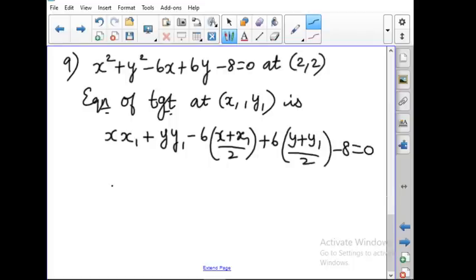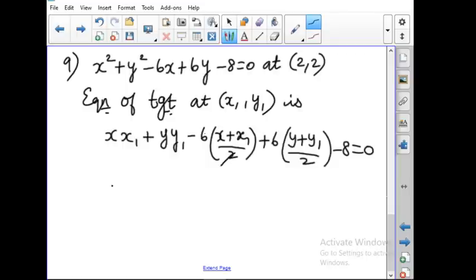So whenever we need the equation of the tangent at any point x1, y1, we replace x square by x x1, y square by y y1, x by (x plus x1) by 2, and y by (y plus y1) by 2.